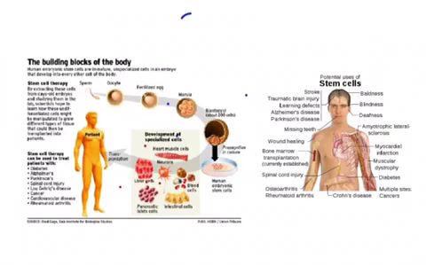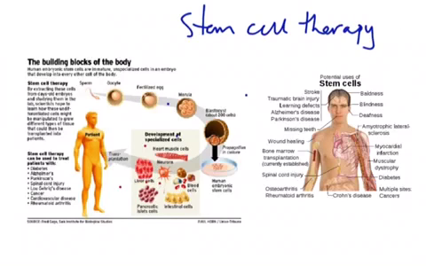So the therapeutic application of stem cell research. Let's just have a quick look. On the right here we can see a number of potential areas for this therapy. So everything from baldness through to blindness, deafness, myocardial infarctions, diabetes, spinal cord injuries, wound healing, missing teeth, traumatic brain injury, Alzheimer's disease.